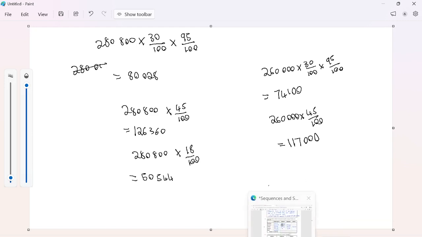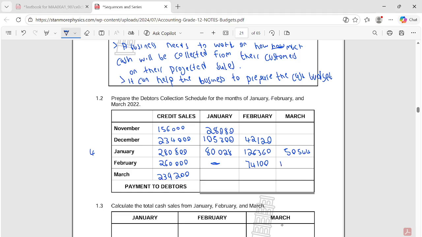And then I'm coming here saying 117. Yes. Now we sold the goods when? In March, right? If we sold the goods in March, we can't collect that in January or February. We're going to collect from March going forward.